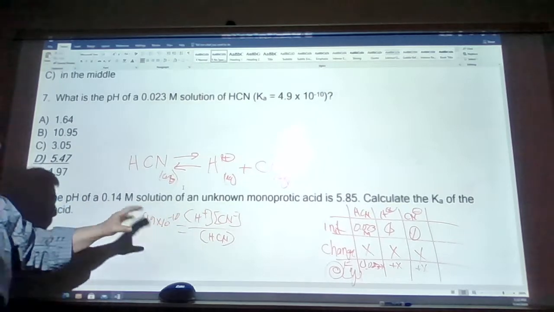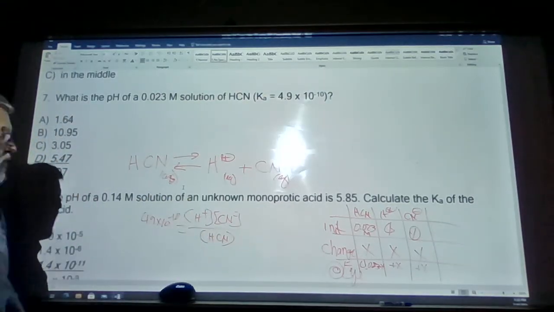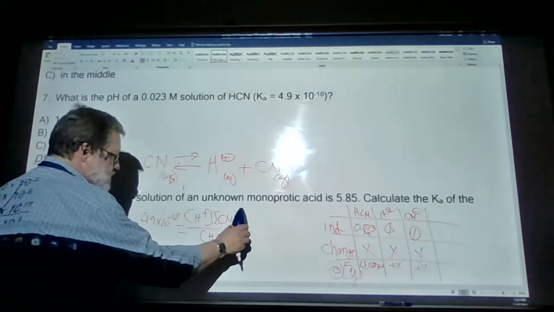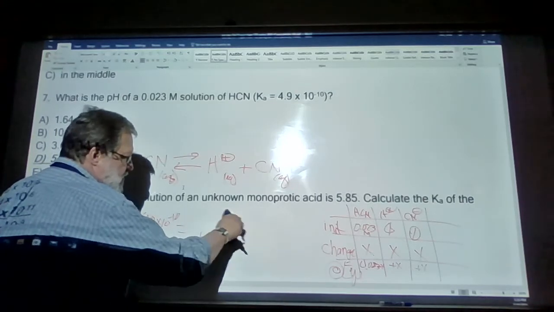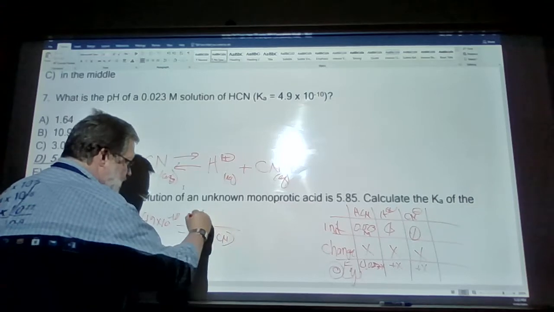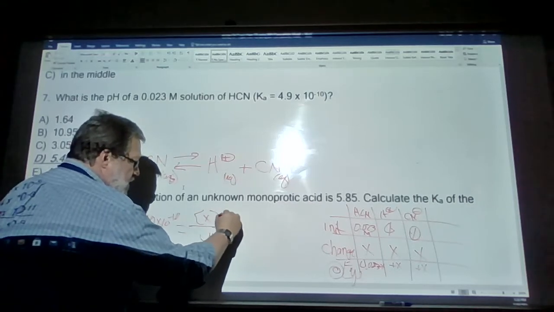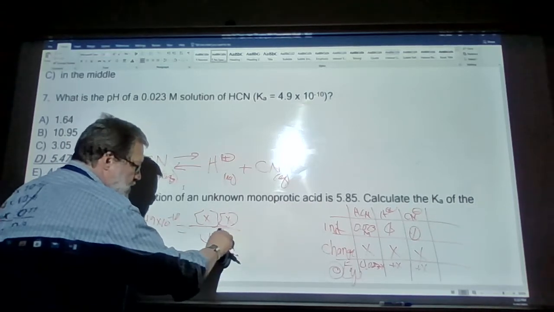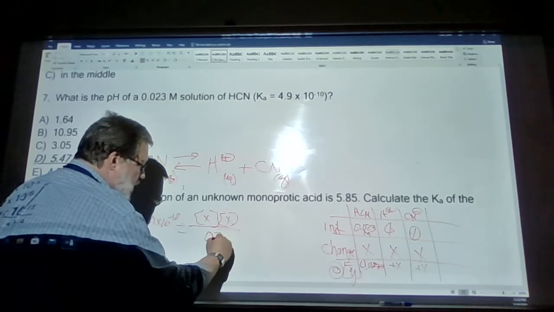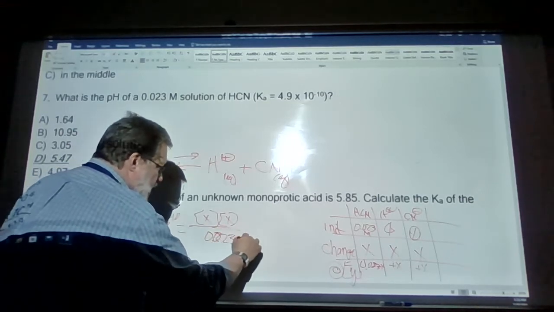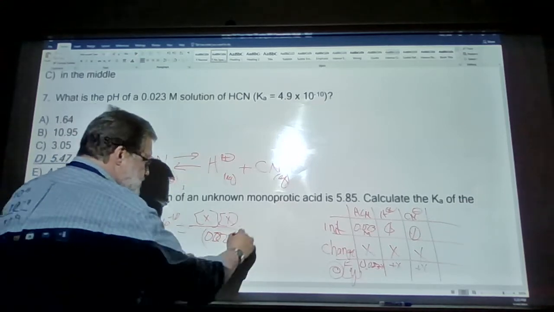We plug these values into this equation at equilibrium: concentration of H plus times the concentration of CN minus, that is X times X, over 0.023 minus X.